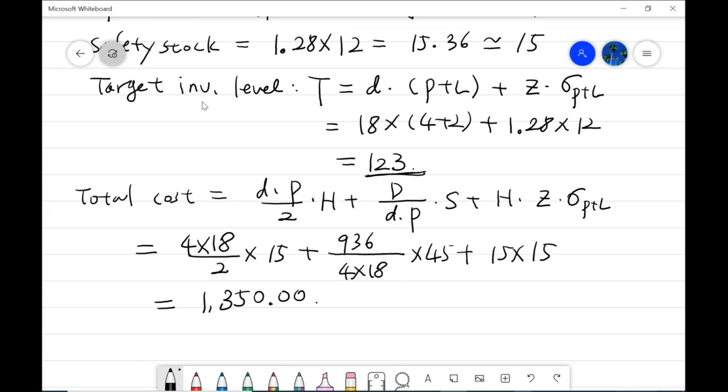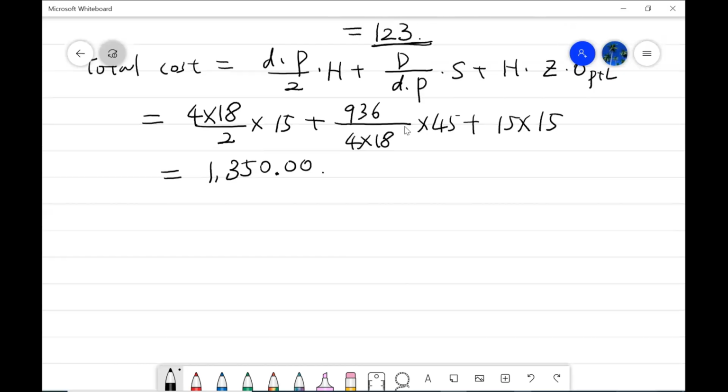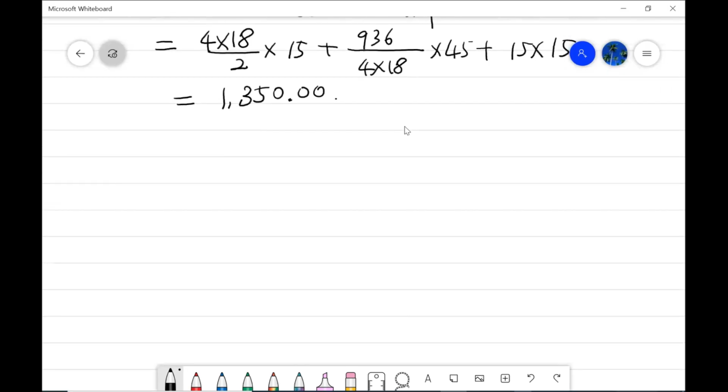So after this, let me compare these two systems directly: the continuous review system and the periodic review system. First of all, let's compare the cost.